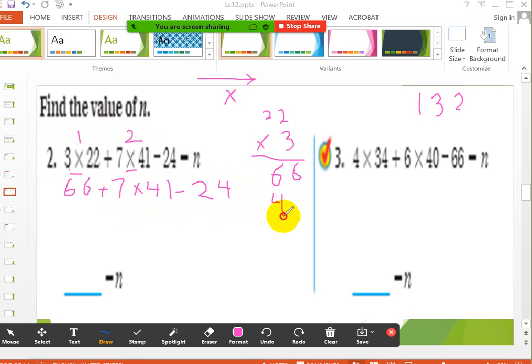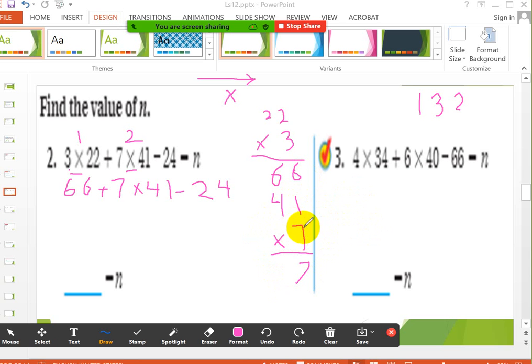Let's find the answer. 41 multiplied by 7. I want you to share with me, please. 7 multiplied by 1 equals what? Thank you, Zain. Thank you, Lana. 7 multiplied by 1 equals 7.